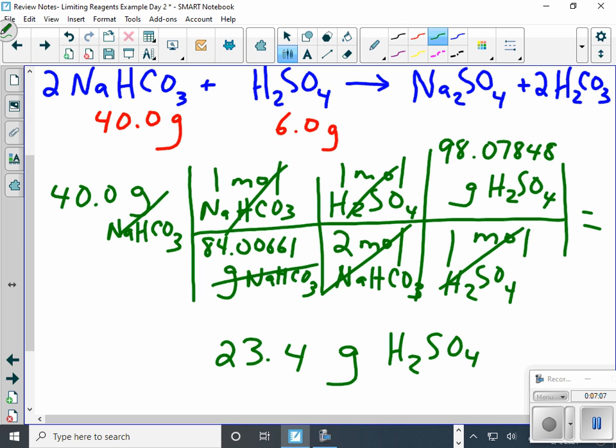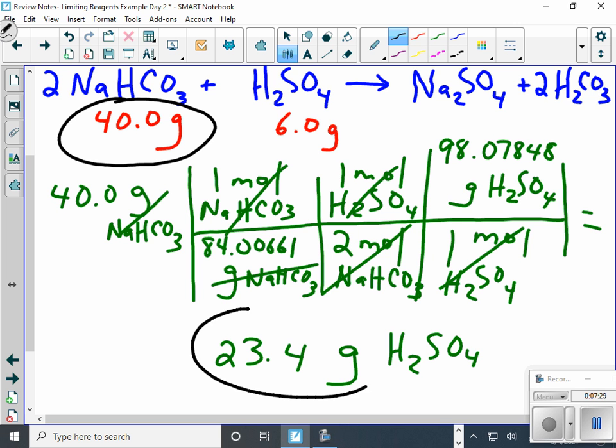Now here's the key part. Here's where students struggle. What does that tell me? Well, it tells me that if I have 40 grams of sodium bicarbonate, for that to react 100%, I need 23 grams of sulfuric acid.